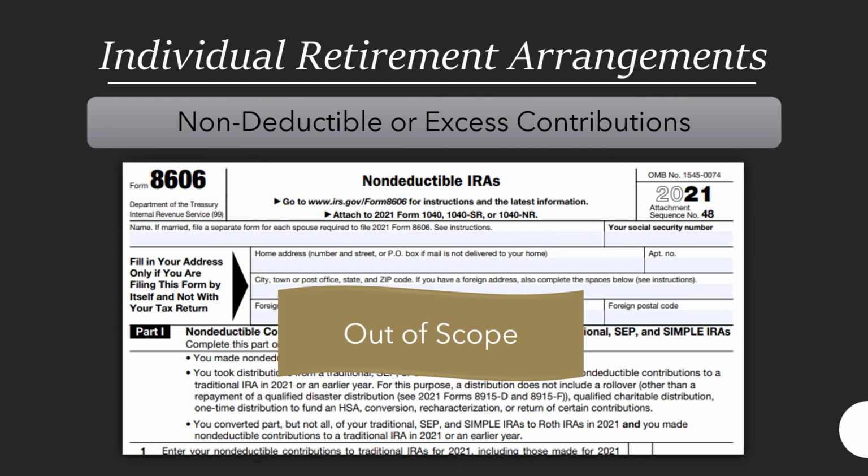So if we're looking at somebody who has made some non-deductible contributions, then they will have basis in their IRA. They need to see a paid preparer to help with that. And with the excess contributions, there can be an extra tax associated with that, which we'll talk about in a later lesson. But if they're going to have that tax, then that return would also be out of scope.